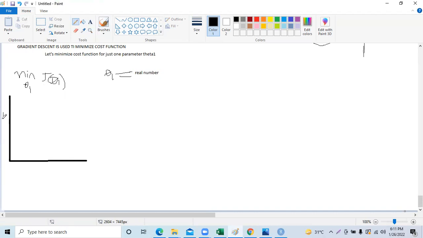This is J(theta 1), and this is theta 1. So this is our gradient descent. Let's say we start somewhere here. If we decide to start somewhere here, gradient descent will update theta 1.